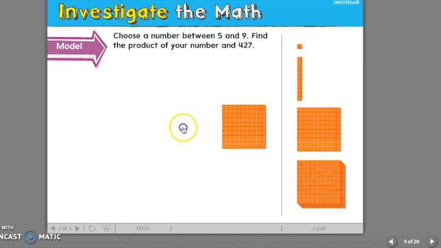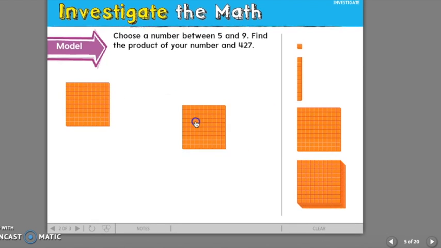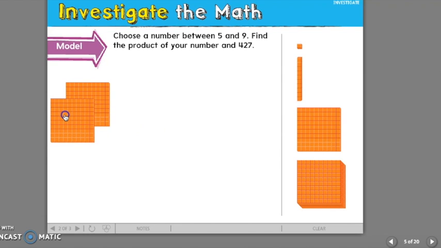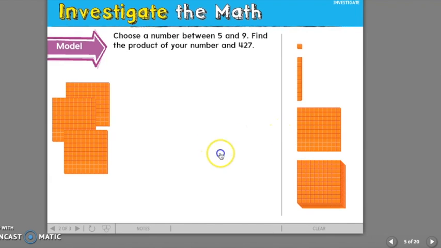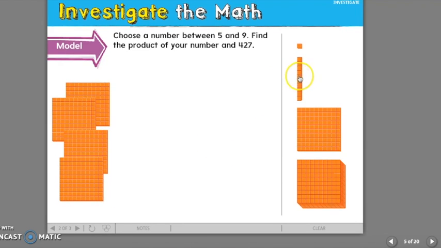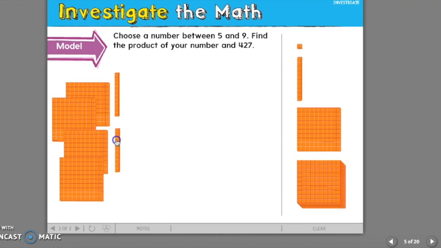And I'm going to take my hundreds blocks, and I have 100, 200, 300, 400, 20, and then 7: 1, 2, 3, 4, 5, 6, 7.